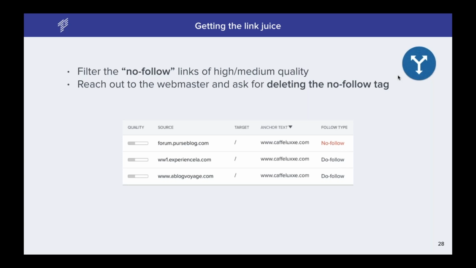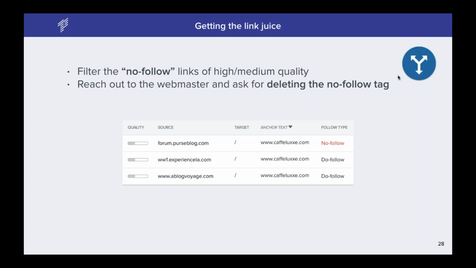Of course, it also works the other way around. Maybe it's not so much related to earning backlinks per se, but if you have dofollow links that are of low quality, and a lot of spammy ones, you also have to reach out and try to make those low quality links nofollow.